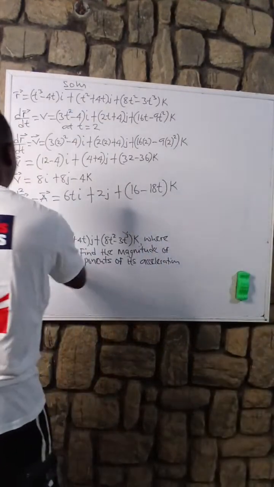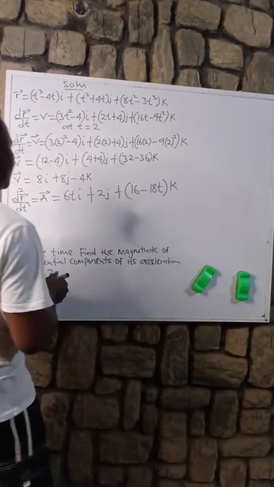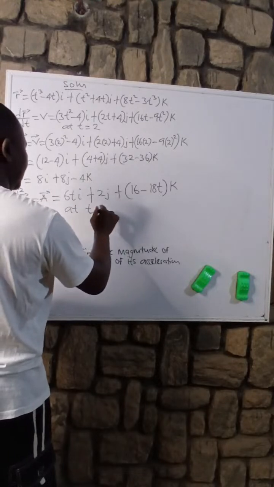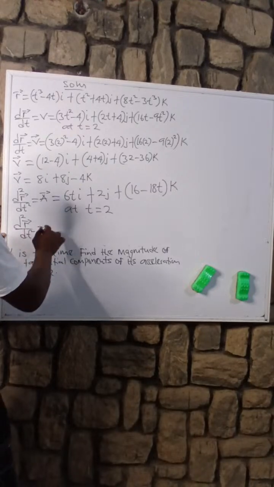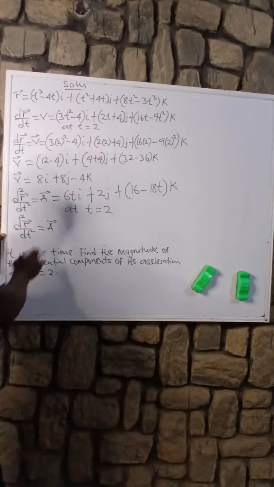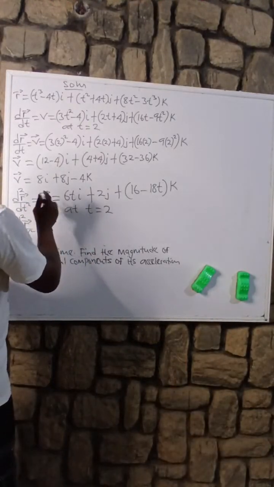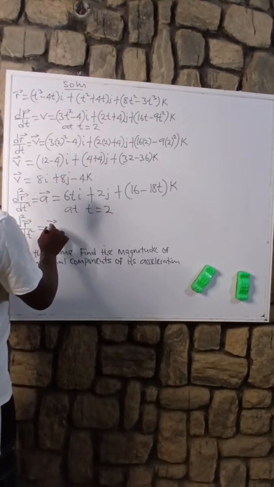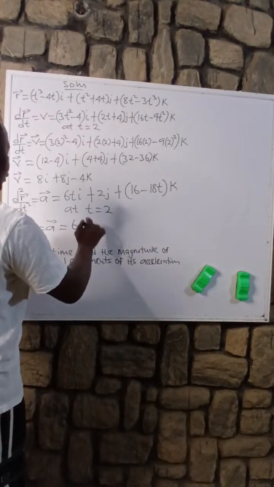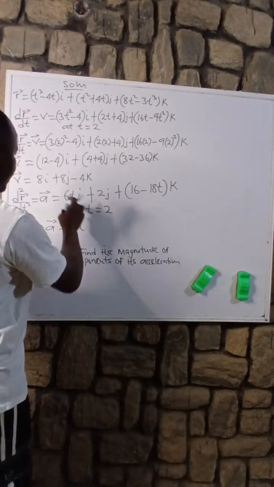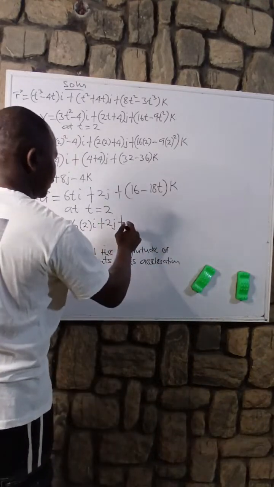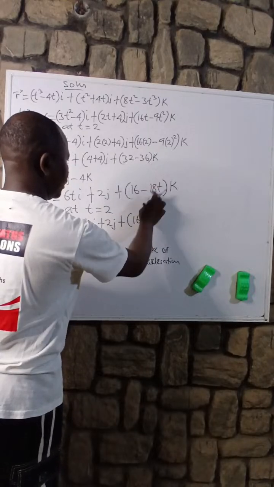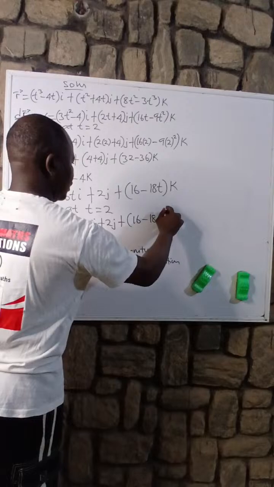So far, so good. So let us substitute t equals 2. This implies that d squared r over dt squared will now be equal to vector a, equal to 6t i, with t being 2, plus 2j, plus (16 minus 18(2)) k.